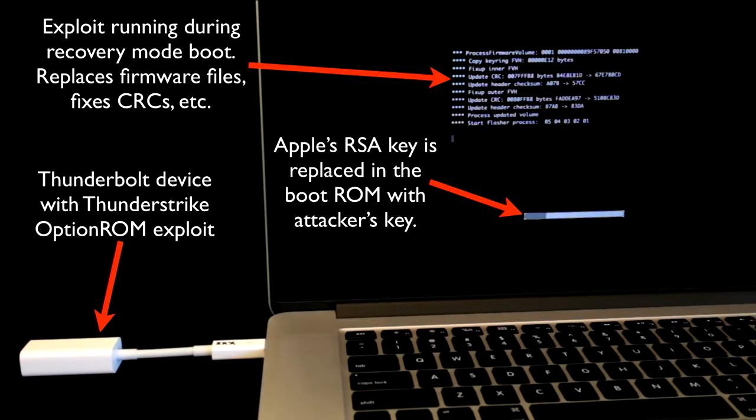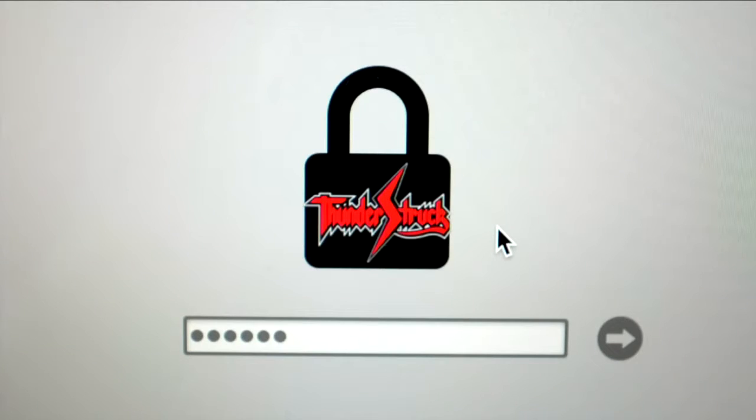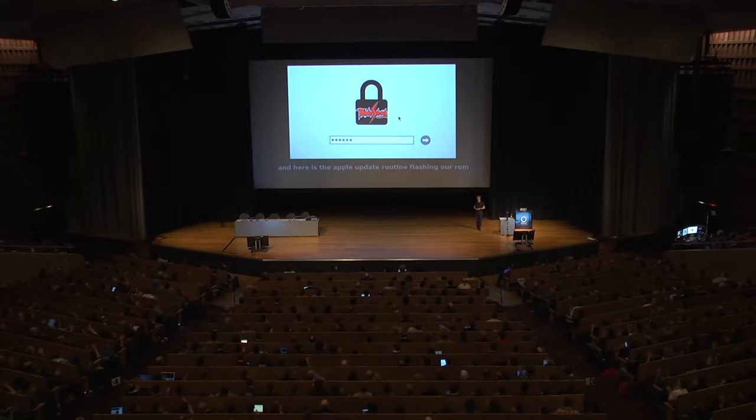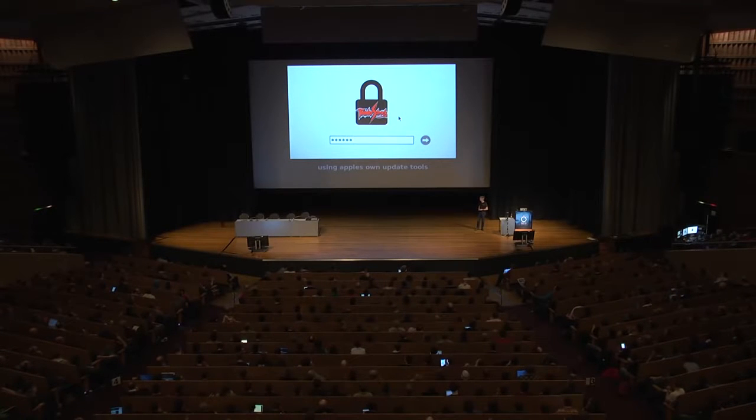And now here is Apple's own firmware update routine flashing our option ROM with our RSA key into the boot ROM on the motherboard. And once that's done, we now own the system, and we can flash whatever we want using Apple's own update tools. And all exploits also get logos, and I think theme songs and websites now.